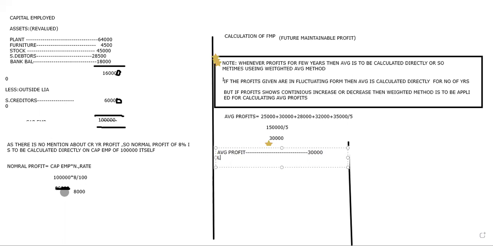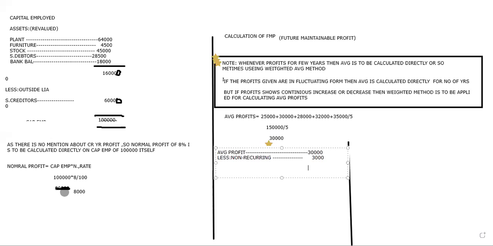So what I'm going to do is less the non-recurring item. How much? 3,000 I'm going to minus. So after minus 3,000, how much will be left? 27,000, ma'am.